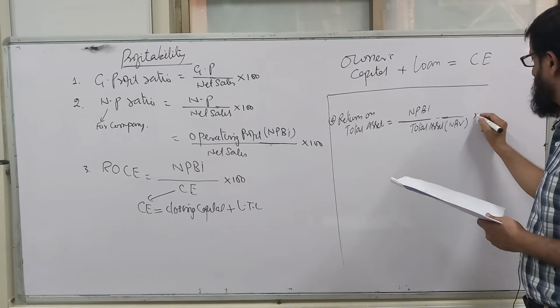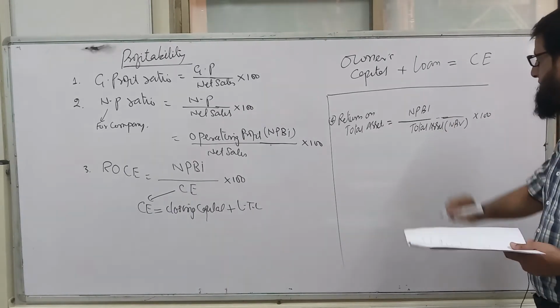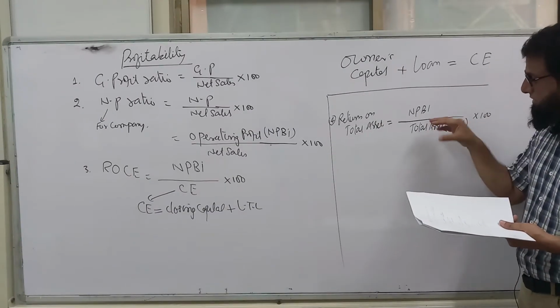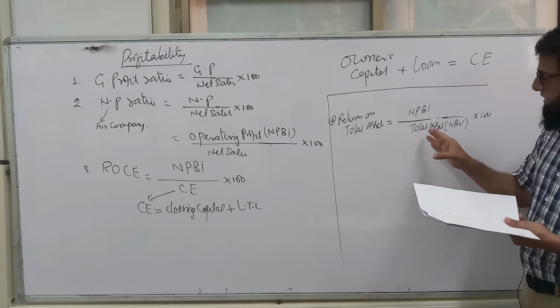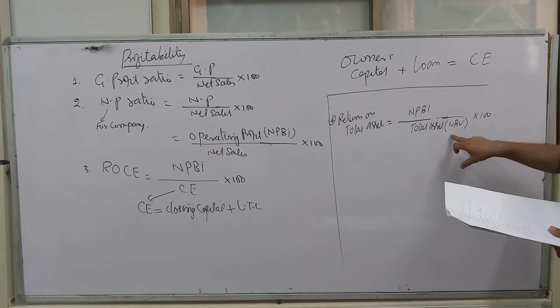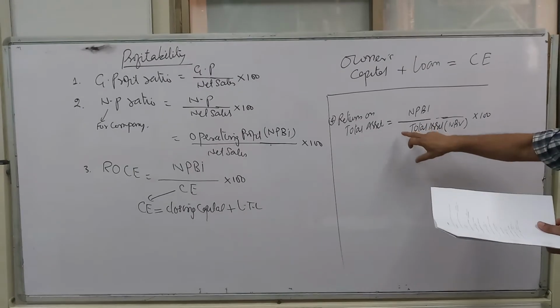Something which is not clearly mentioned in the syllabus: in the syllabus it is only written net assets, and students might be confused about what net assets stand for. You can better write total assets here, and in total assets, all assets you can take at net book value.